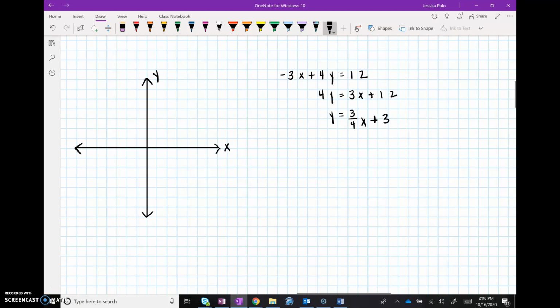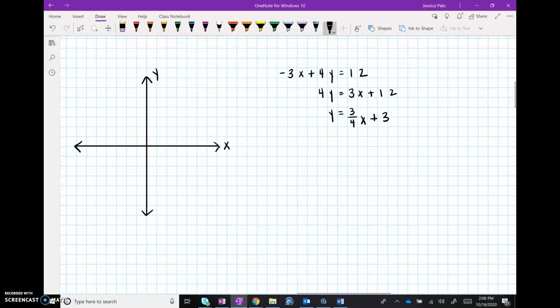So I'm going to graph this for you so I can show you where the intercepts of this graph actually are. First, we're going to start with the y-intercept, which is 3. So I'm going to graph positive 3 on the y-axis. Now right there, just knowing that b is the y-intercept, I already know that my y-intercept is 0, 3.